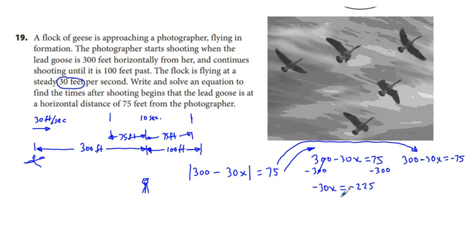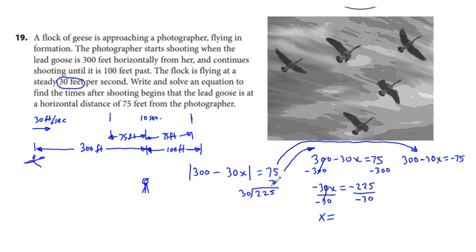And then if we divide by negative 30, x is going to be equal to a positive number. What's going to be 225 divided by 30? Put 30 here. How many times does 30 go into 22? Not at all. I think we go to 7 here.